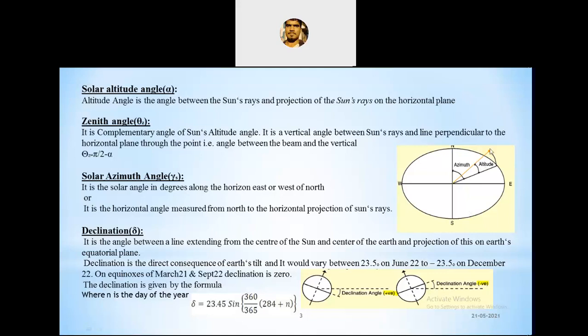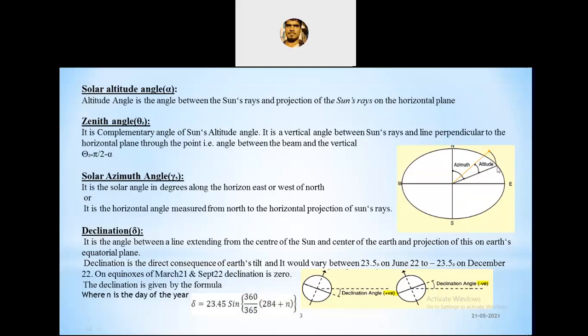Here it is the earth, and this is the center of the earth, and these are the directions east, west, south and north. Here there is a point, the projection of sun rays, and through that point the rays reach the center of the earth. Here is the horizontal plane. Actually east and west is horizontal, but because of the earth's own inclination the horizontal is shifted to this.